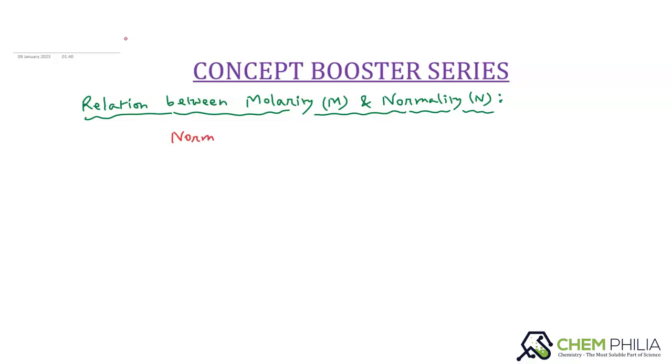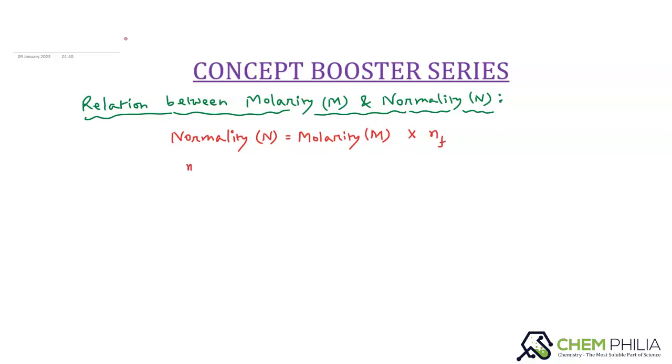Normality, that is capital N, is equal to molarity, that is capital M, multiplied by NF.